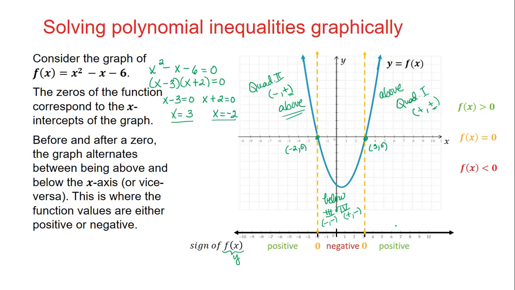So notice that what I had said earlier is that at every other x value besides the zeros, the output will either be positive or negative. And the graph tells us in which regions we have positive and negative y values, because we know where it's above the x-axis, the y value is positive, and where the graph is below the x-axis, the y value is negative.